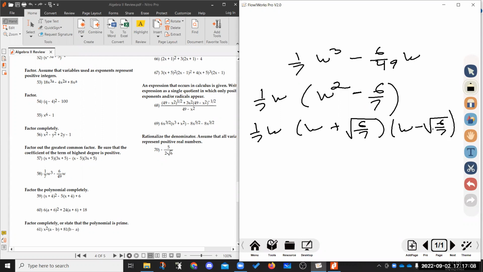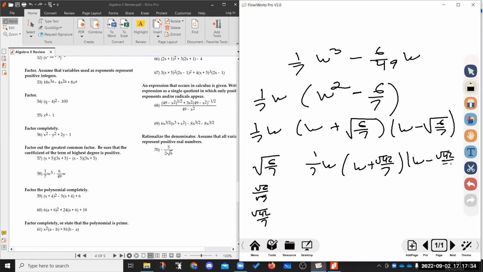I should probably rationalize that. Root 6 over 7 is root 6 divided by root 7, which is root 42 over 7. So we're going to have 1/7 w, w plus root 42 over 7 times w minus root 42 over 7.